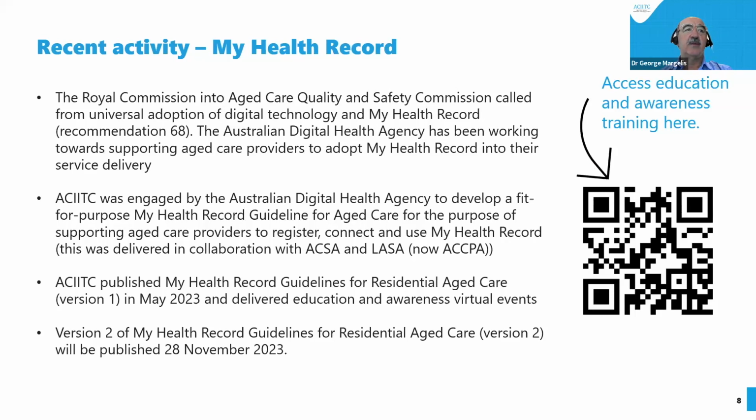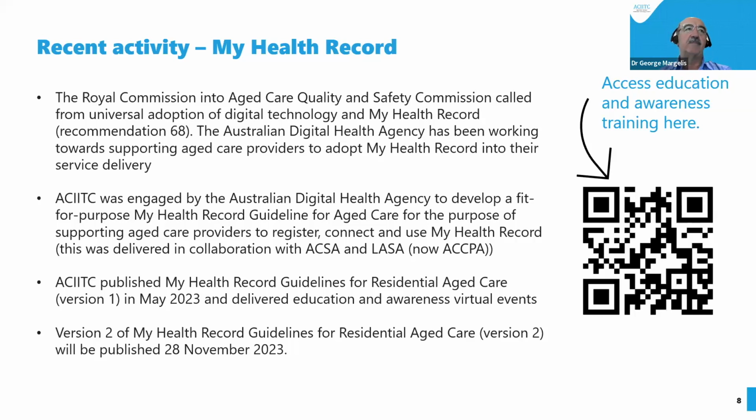Also, quite recently, we've been working with the Australian Digital Health Agency and the Aged Care Quality and Safety Commission, looking specifically at the use of My Health Record in aged and community care. The focus has initially been residential aged care, and as you've heard from us in previous webinars, that's because of the current focus from the Digital Health Agency.